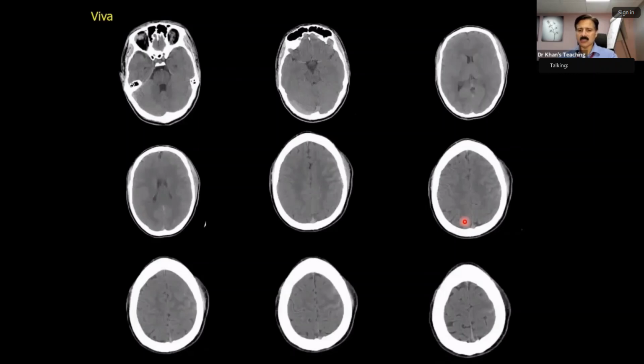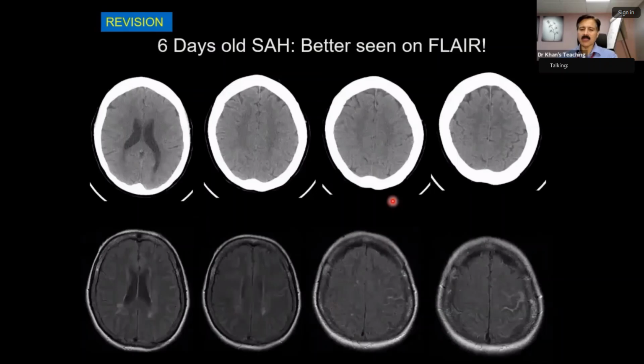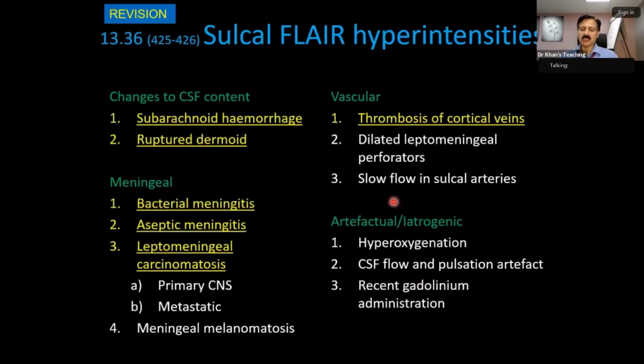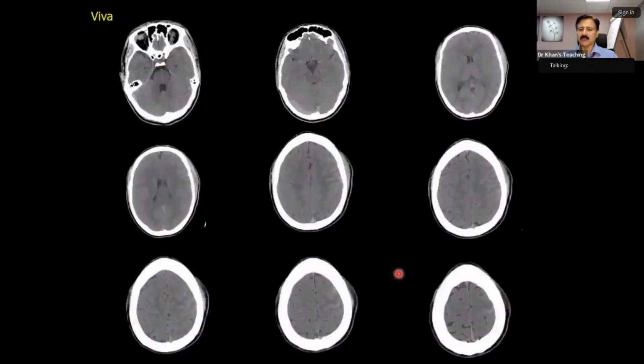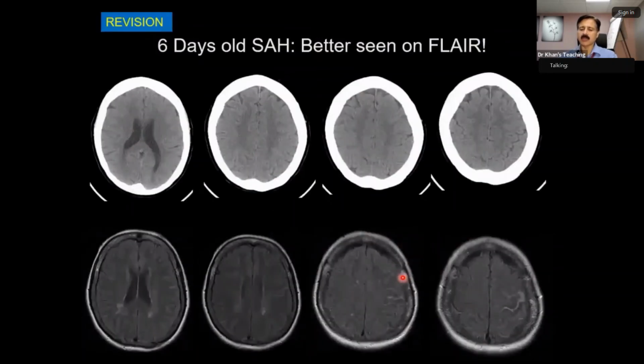Similarly, on the CT, there is slightly high density, but you cannot make out that this is hemorrhage. Bottom line is that when you see this finding, it can have a differential diagnosis. The differential diagnosis can be a leptomeningeal process, as in infection, carcinomatosis, and it can also be subarachnoid hemorrhage.